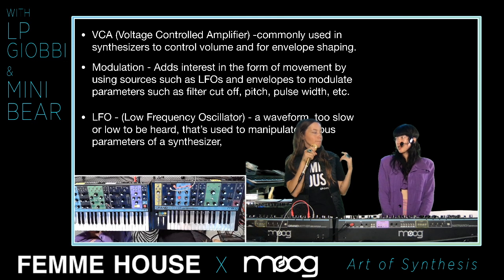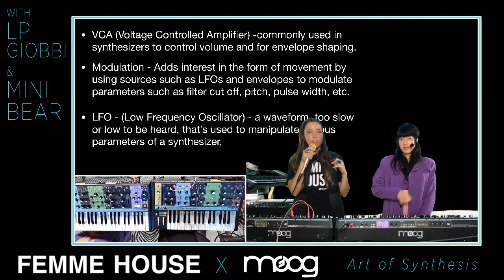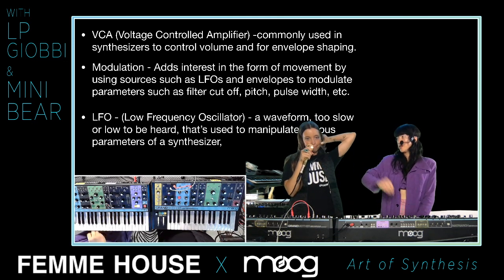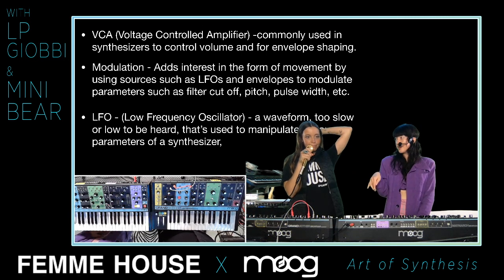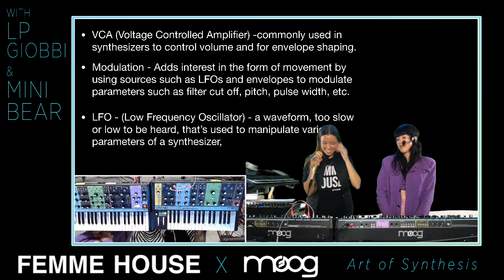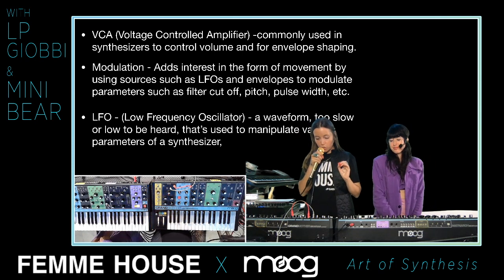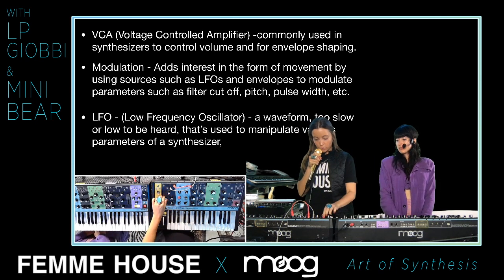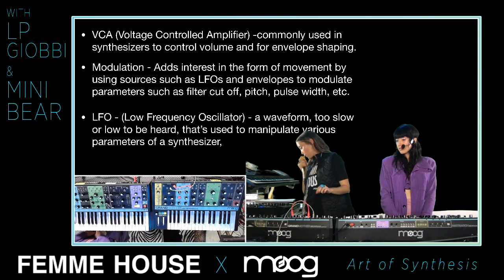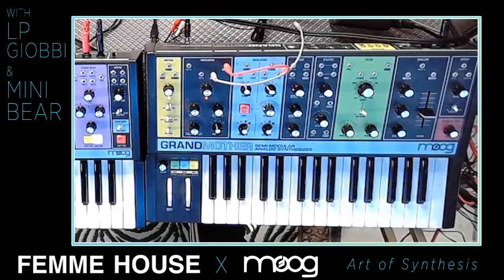So modulation uses a source like an LFO, which can be used to affect something else. Basically if you want to wiggle the pitch or make something move, create movement. So I am going to use an LFO. How do I want to demonstrate this? I always feel like filter cutoff is a fun thing to modulate.